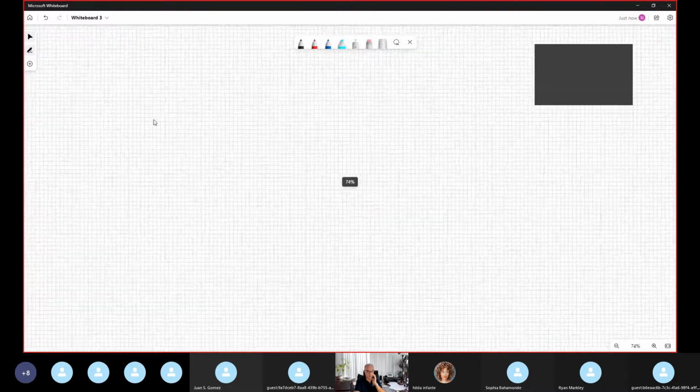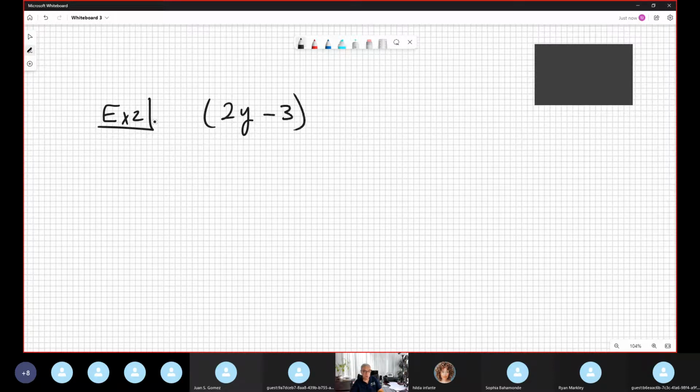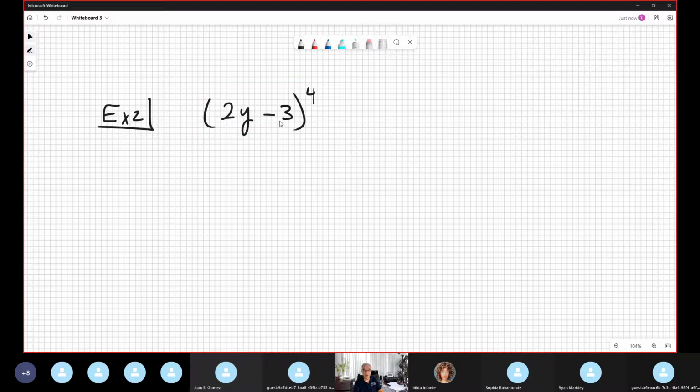Let's see another example. In this example we have 2y minus 3 to the 4th power. Entonces, the new thing this example brings is that it's minus, not plus.